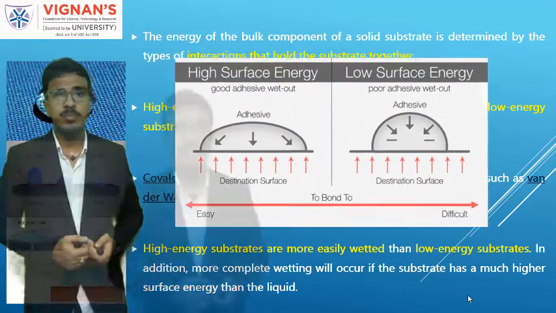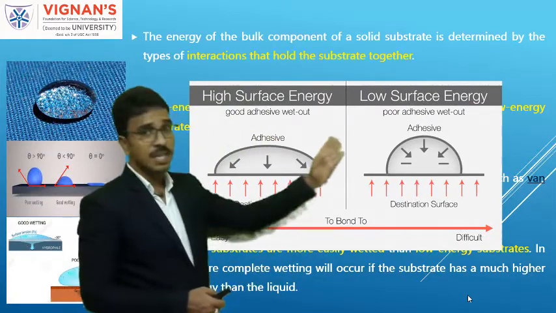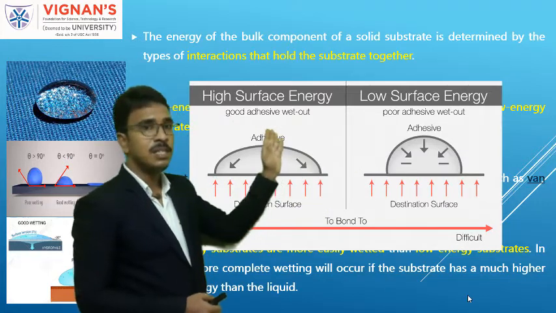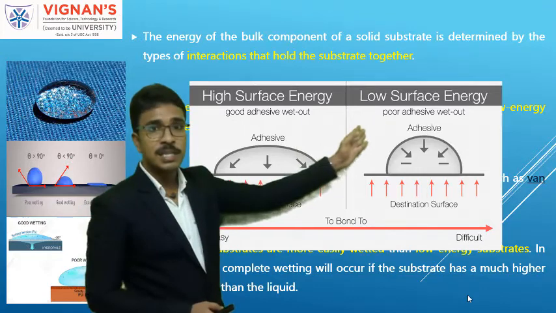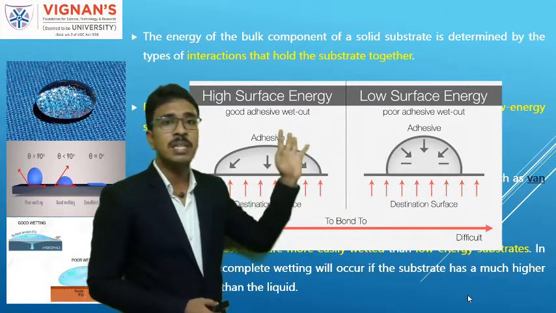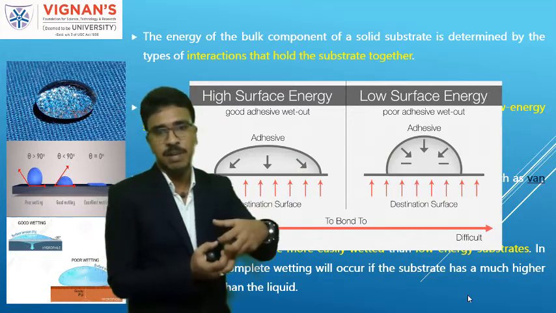Here again you can see the high energy surface and the low energy surface. In a high energy surface, there is good adhesive wet out. In a low energy surface, poor adhesive wet out. Adhesive is nothing but the attraction forces between solid and liquid particles.